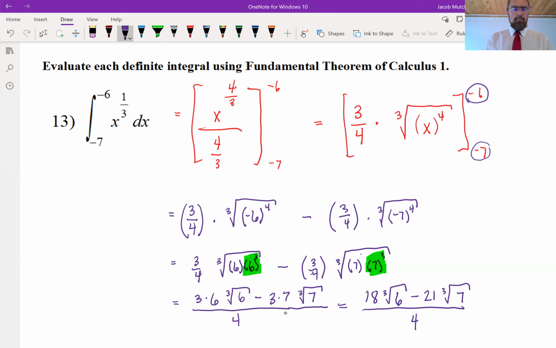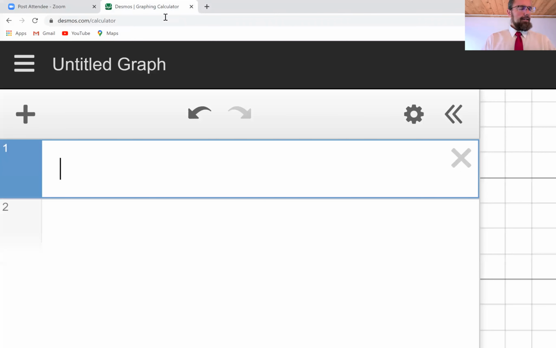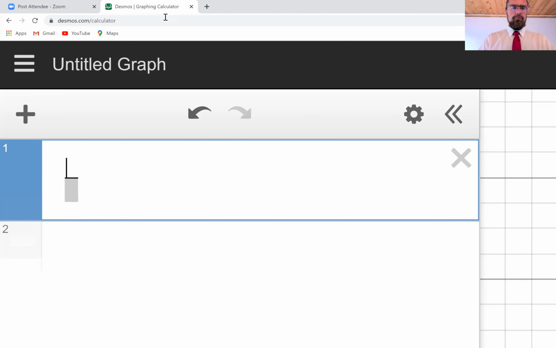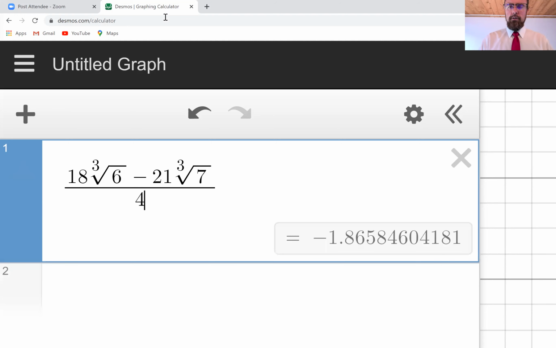We can get a decimal approximation for that using the graphing calculator. So I'm going to just head over to Desmos. And let's type it in as we just did in a fraction form. So it's 18 times the cube root of 6 minus 21 times the cube root of 7 over 4.